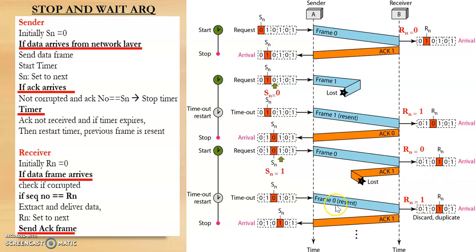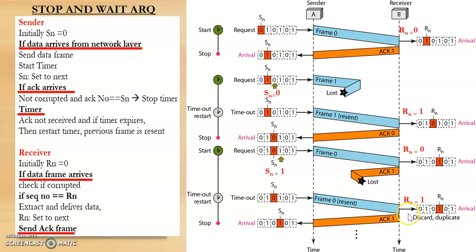So over here the sequence number is not equal to Rn. This condition is not satisfied, so the receiver will discard the frame. Also, since the frame is discarded, the Rn value won't be updated. The value was 1, so it will remain 1 because the frame was discarded.